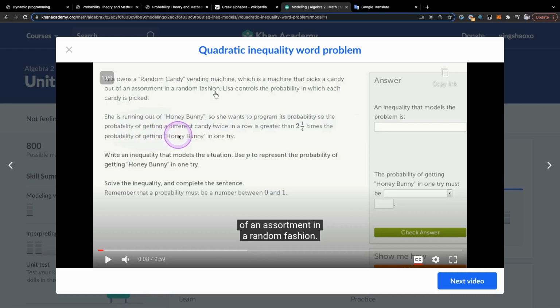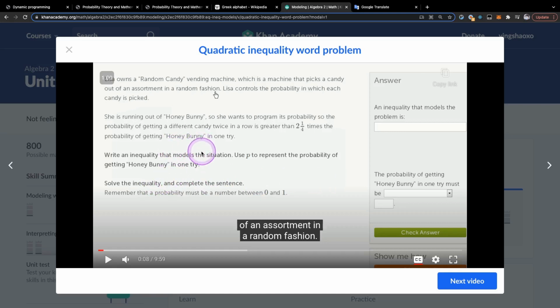She's running out of Honey Bunny, so she wants to program its probability so the probability of getting a different candy twice in a row is greater than that number times the probability of getting Honey Bunny in one try. Write an inequality that models the situation. Use P to represent the probability of getting Honey Bunny in one try.